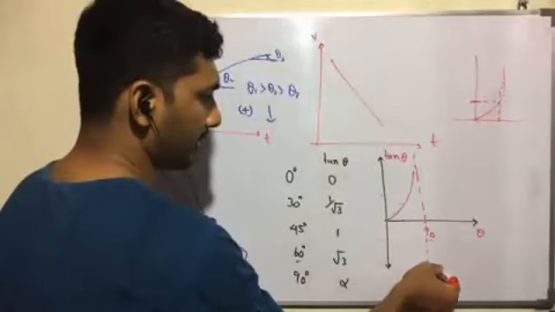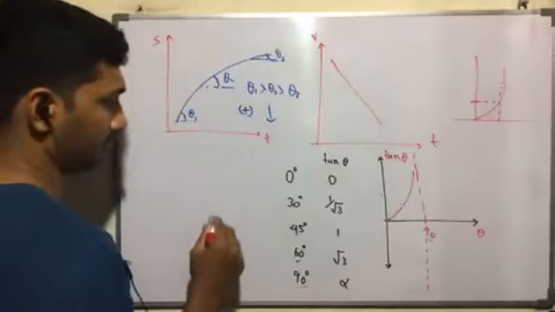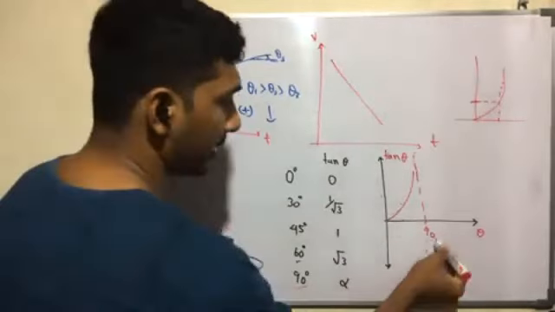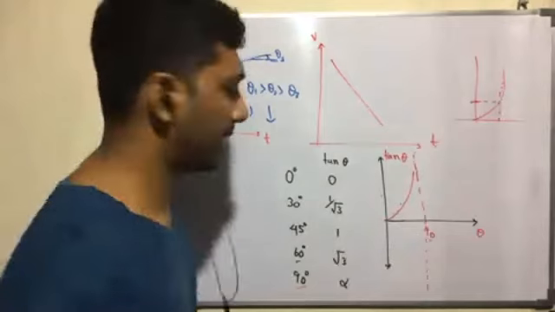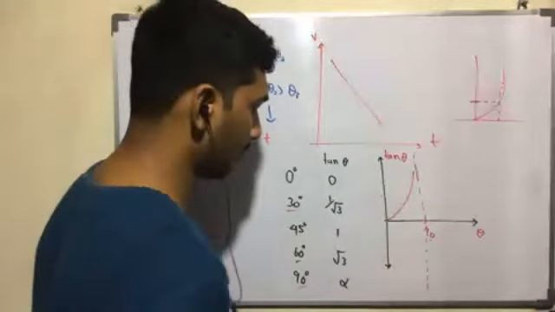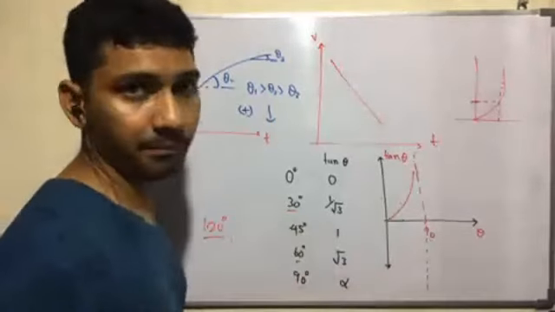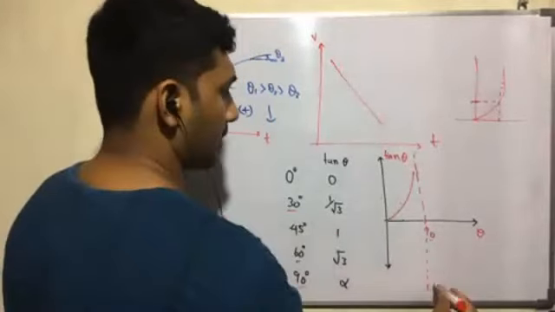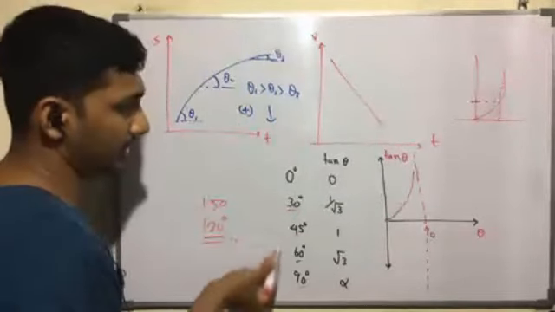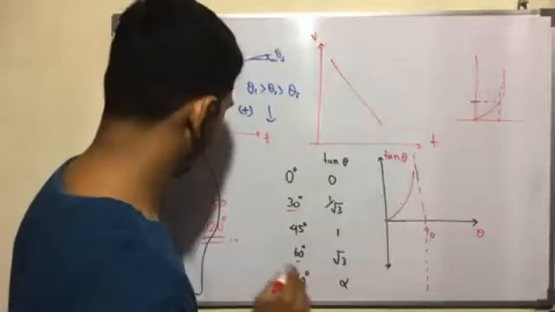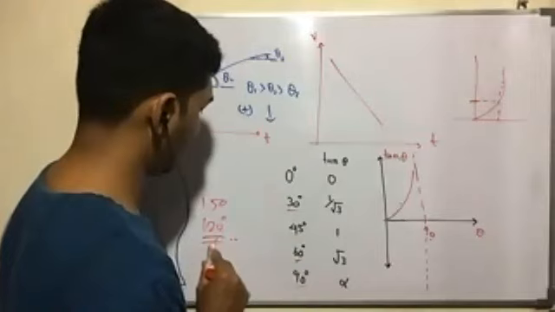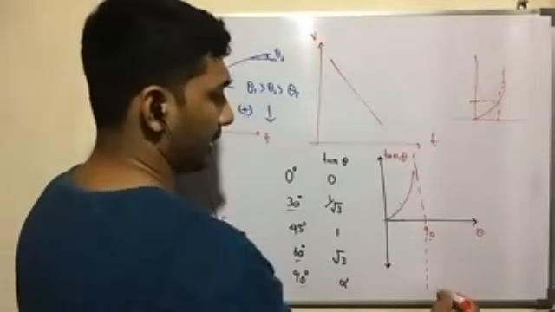And after that, if you take 120 degrees, tan theta value is negative. Same as 60 but negative. When you take 150, that is again another value, so it will come like this.